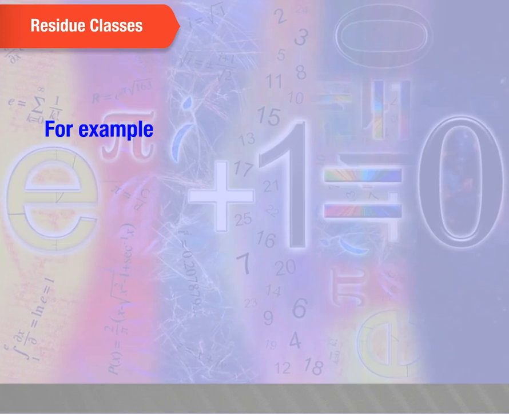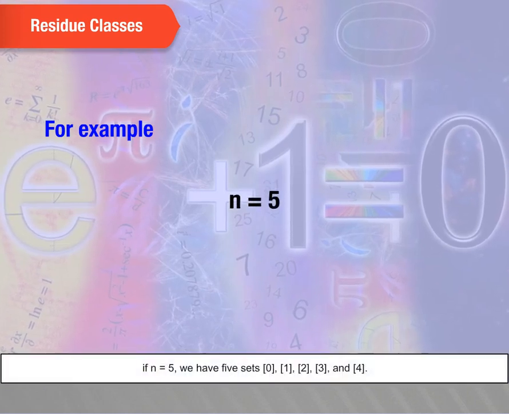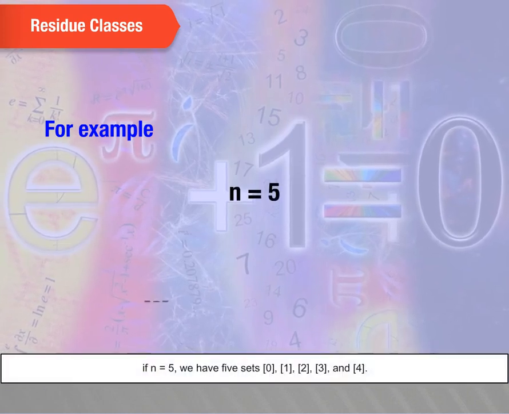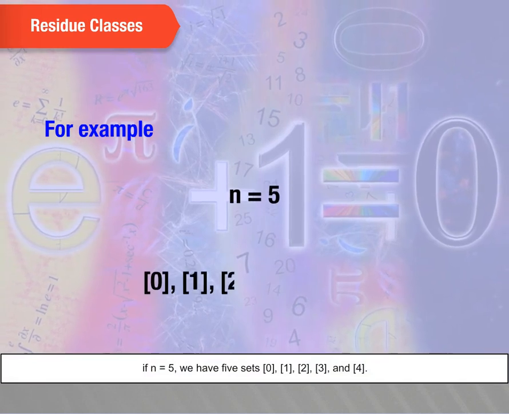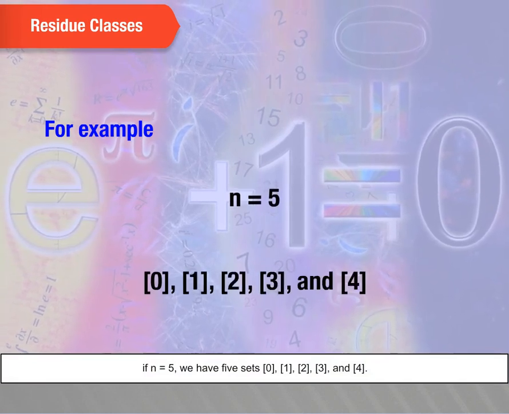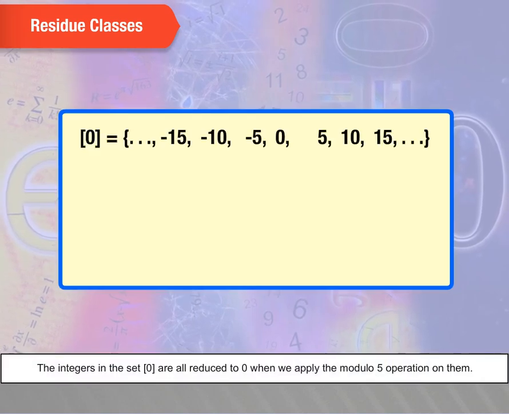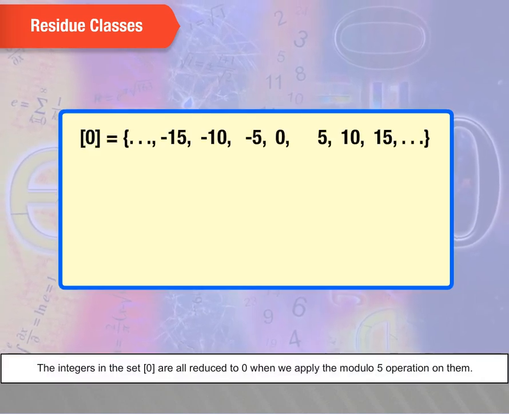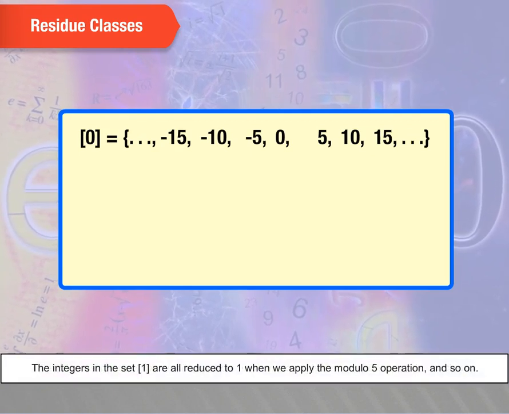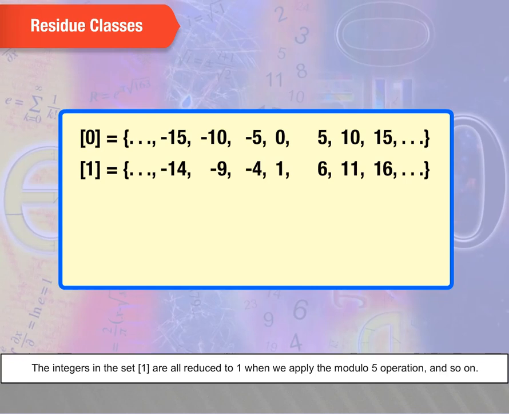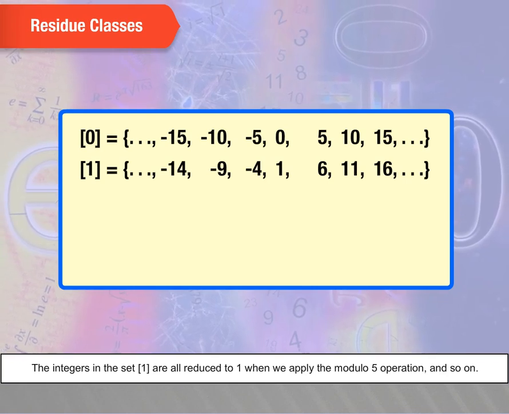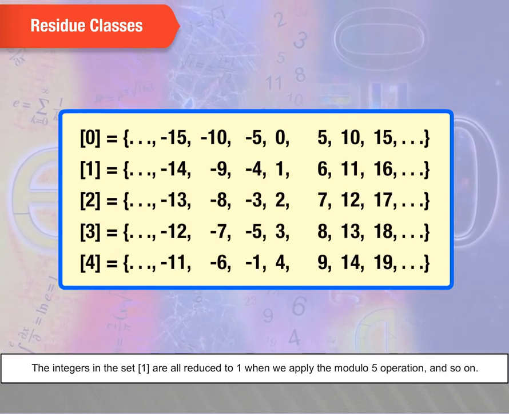For example, if n is equal to 5, we have 5 sets: set 0, 1, 2, 3, and 4. The integers in the set 0 are all reduced to 0 when we apply the modulo 5 operation on them. The integers in the set 1 are all reduced to 1 when we apply the modulo 5 operation, and so on.